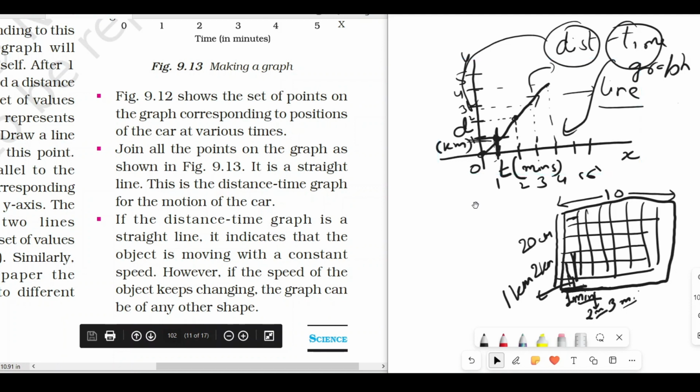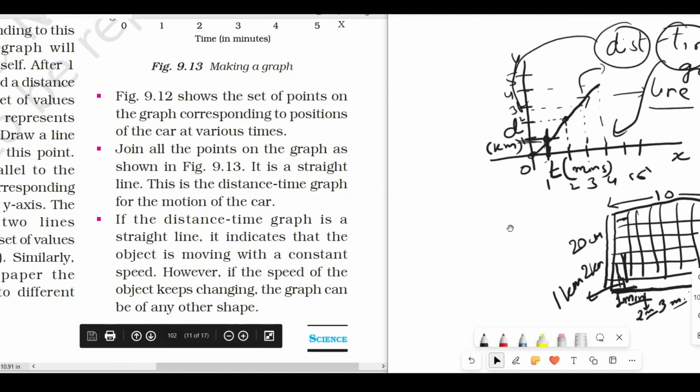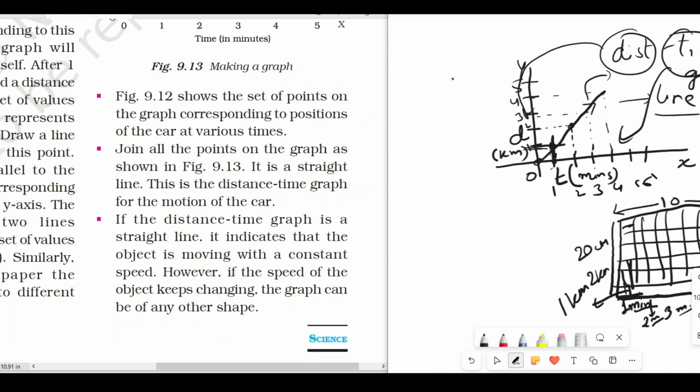तो यहाँ पे क्या हो रहा है कि हम एक कांस्टेंट यूनिफॉर्म मोशन देख रहे हैं। क्या देख रहे हैं? 1 मिनट में 1 किलोमीटर, 2 मिनट में 2 किलोमीटर, 3 मिनट में 3 किलोमीटर. So what is this?